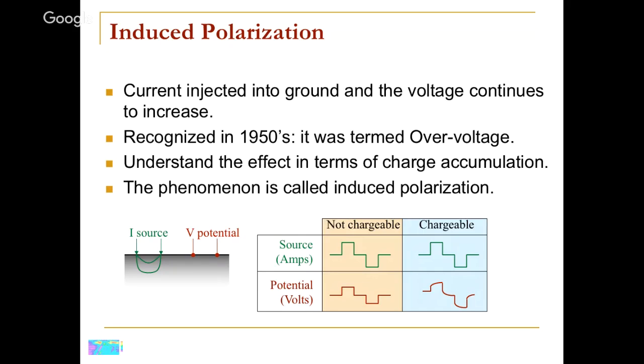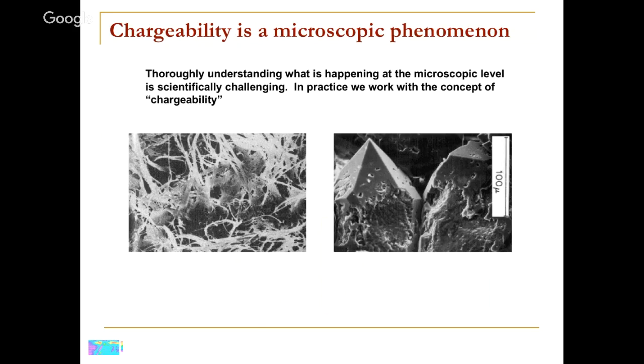And the answer is that it's really kind of complicated. And at the real microscopic level, it's a bit hard to figure out. If you look at rocks they can have a fibrous network like this. You get disseminated sulfides and things like that. And that surface area and volume is really complicated.